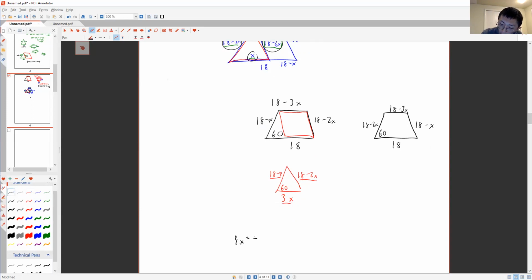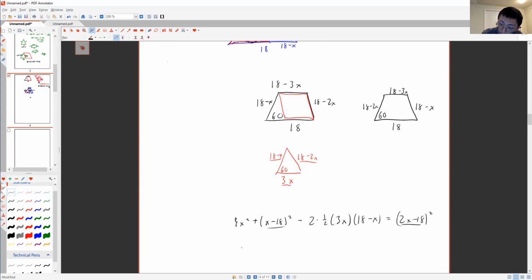It doesn't matter if I negate this since a number squared is equal to its negative squared. So here we'll have 3x times 18 is 54x minus 3x squared equals 36 times 2 is 72.